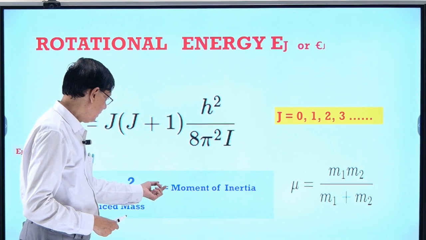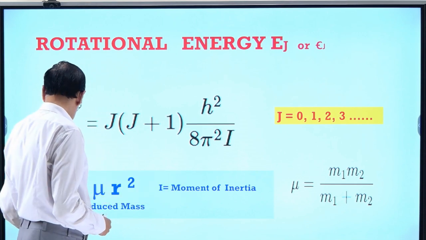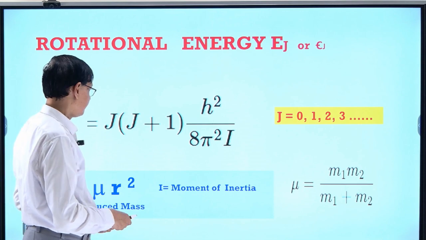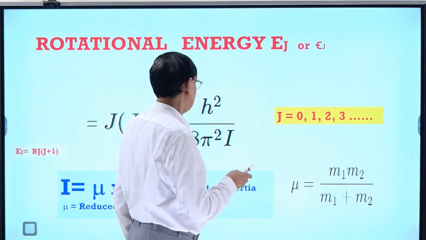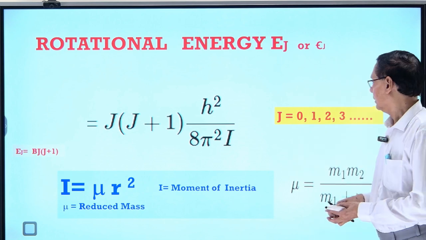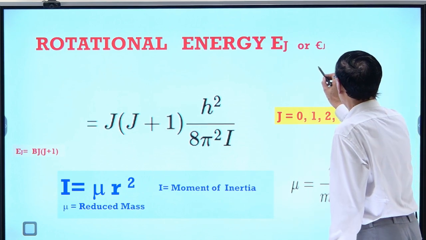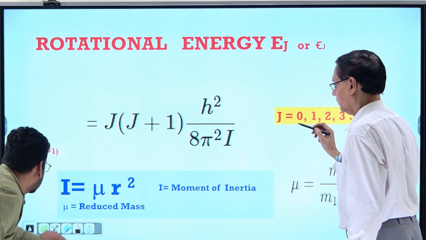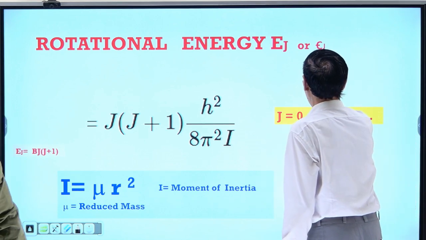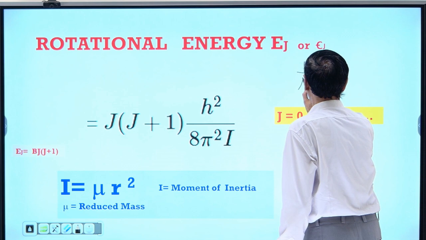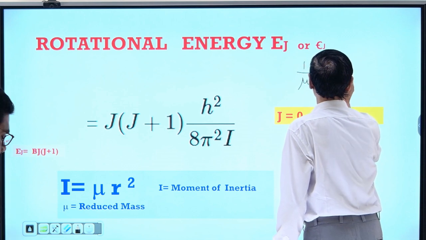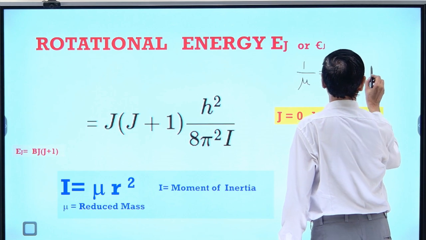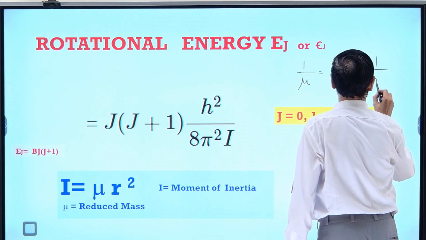Suppose 1 upon mu is equal to 1 upon m1 plus 1 upon m2, very simple.